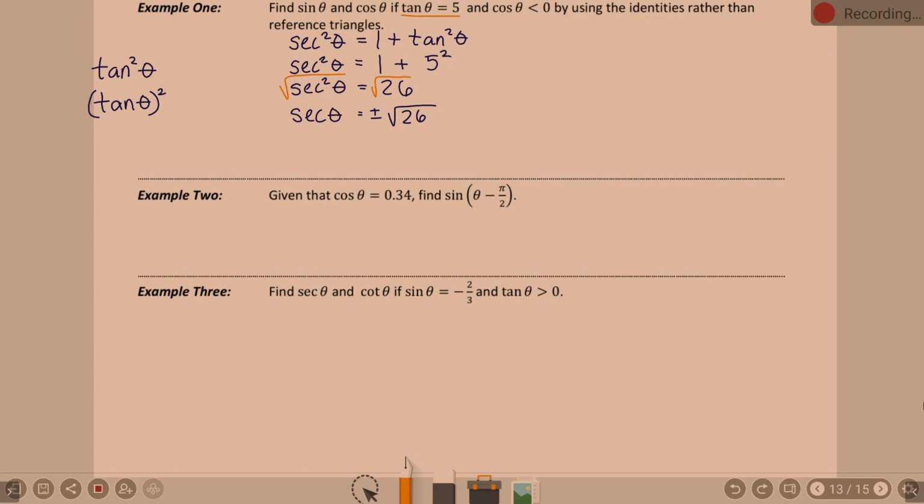Is it positive or is it negative? Why? I need a positive or negative answer with a reason. My hint is to go back to the original given information. Negative because tangent divided with cosine theta. Would you use the all students?